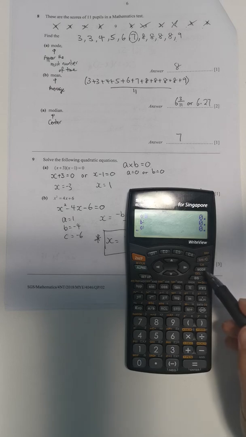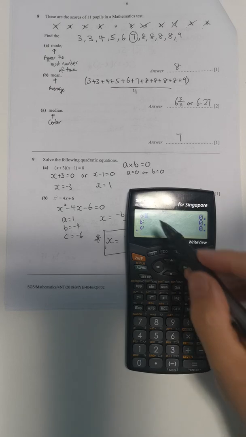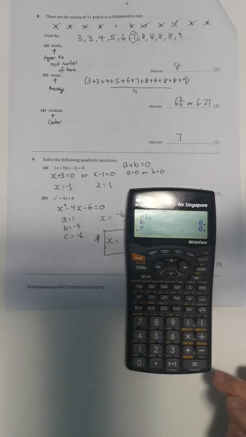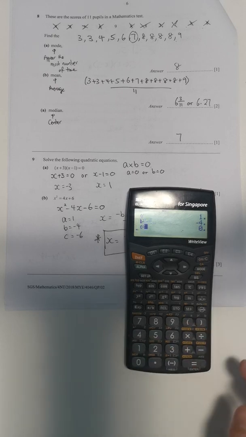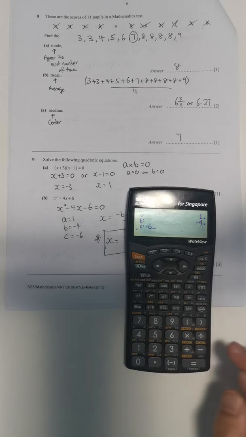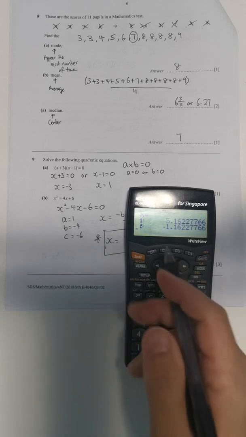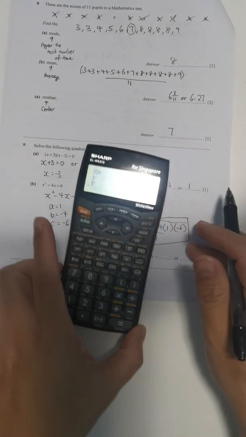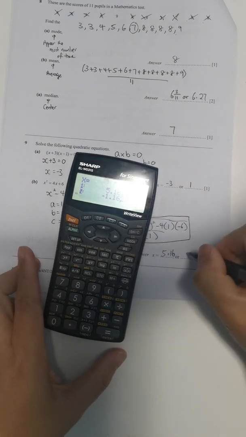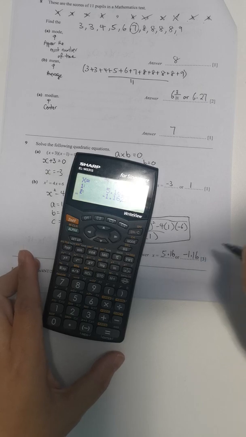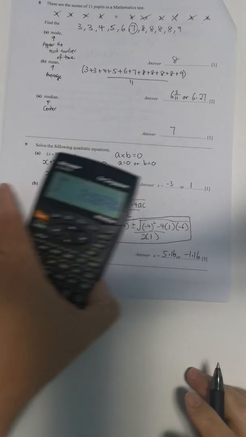I just key in my A, enter, -4, enter, -6, enter. You can get the two values quite easily. The first value is 5.16 and the second value is -1.16. This is how we solve using the quadratic formula.